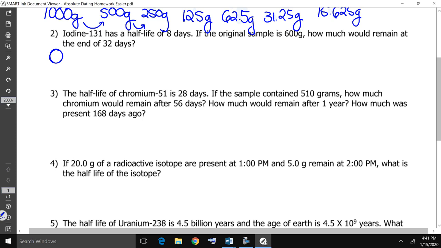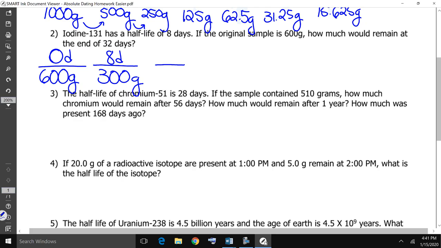We start at 0. Our time is 0 days, and our amount is 600 grams. Okay? We add one half-life, so our first half-life would be 8 days. We divide by 2 on the bottom. Now we're left with 300 grams.